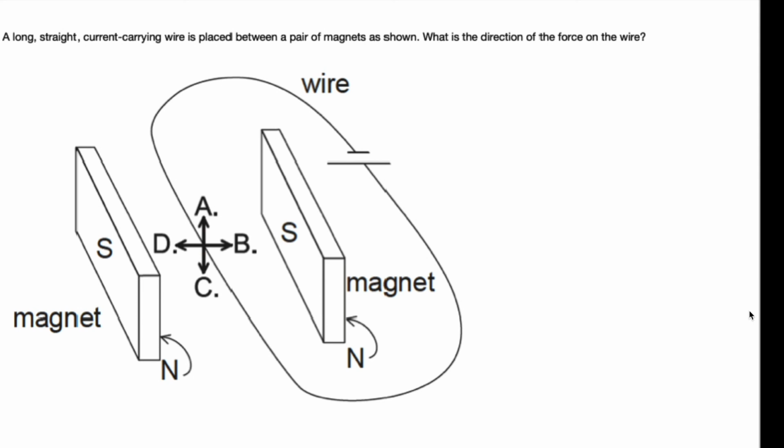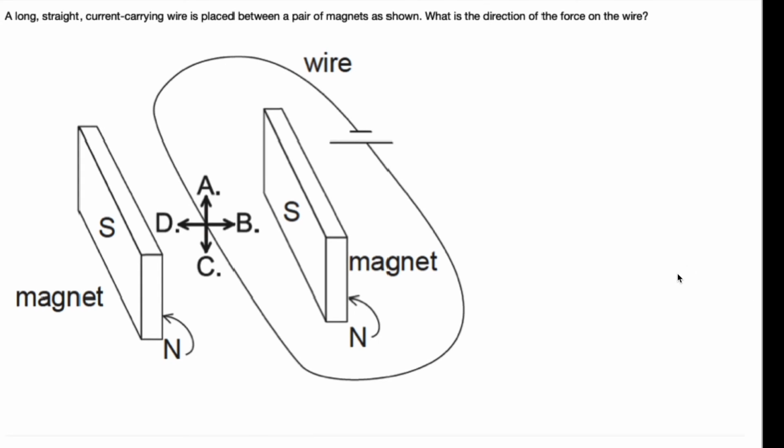A long straight current-carrying wire is placed between the poles of a magnet as shown. What is the direction of the force on the wire? So north pole, south pole, the magnetic field pointing from north to south, current flowing into the page in this direction.